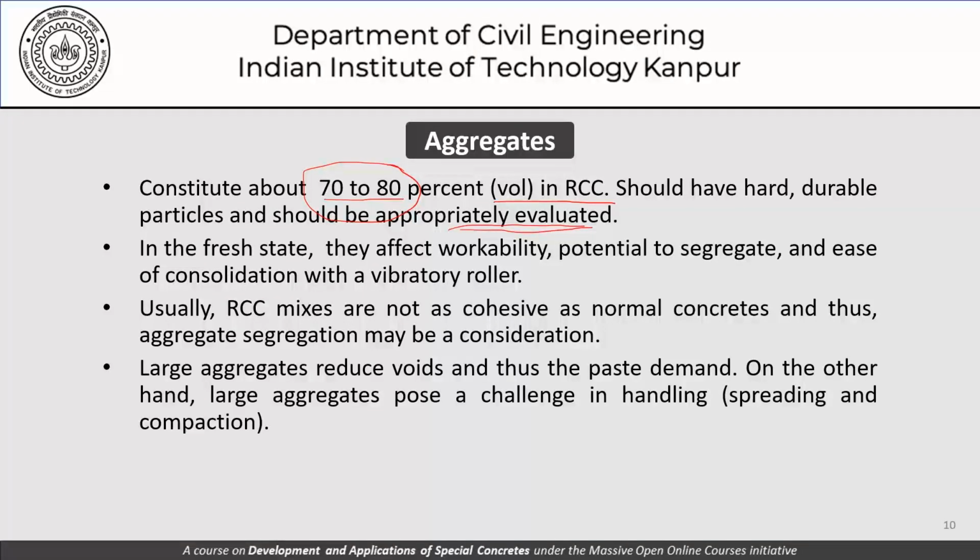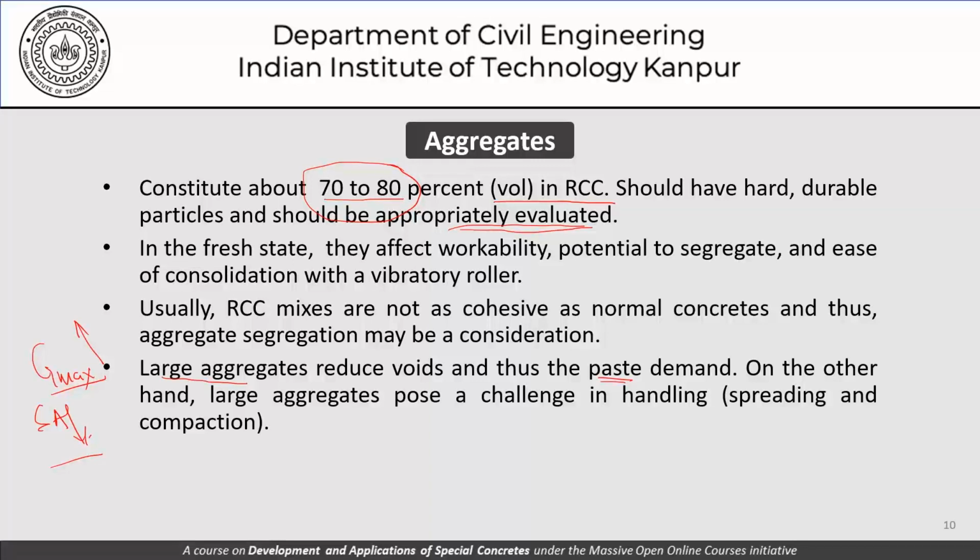Large aggregates reduce the voids and thus the paste demand. Large aggregates means that if your Gmax, the maximum nominal size of aggregate, increases, the surface area goes down, and therefore the paste demand goes down. So this is the principle that we use in increasing the maximum size of aggregates used in roller compacted concrete.